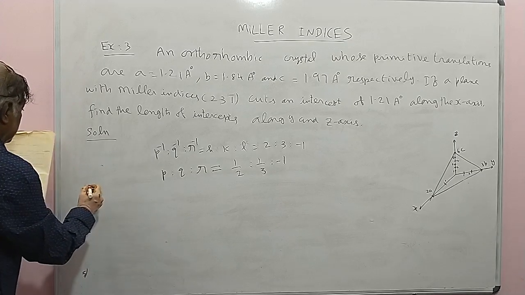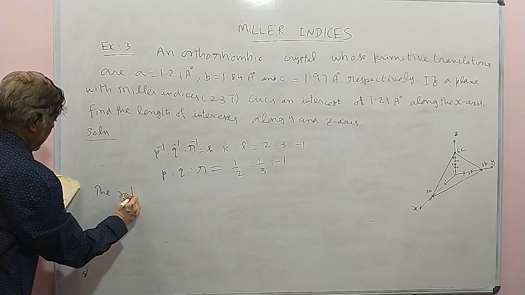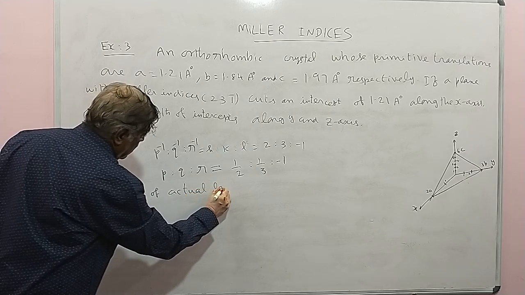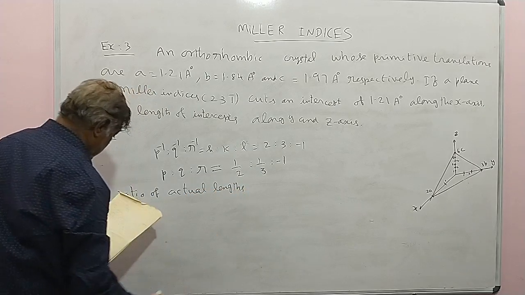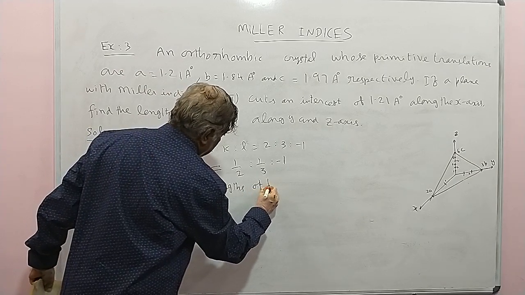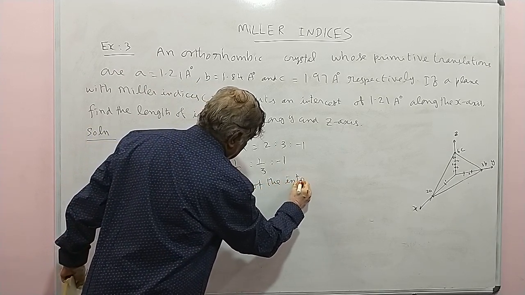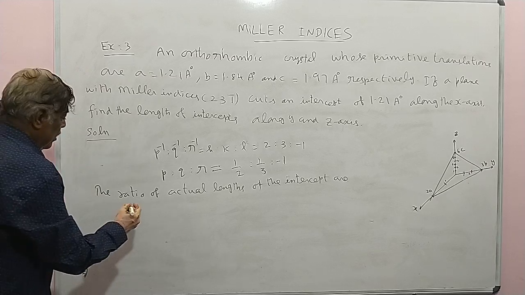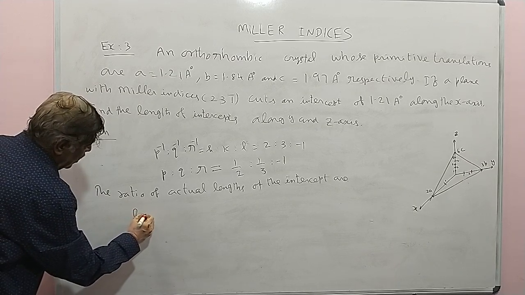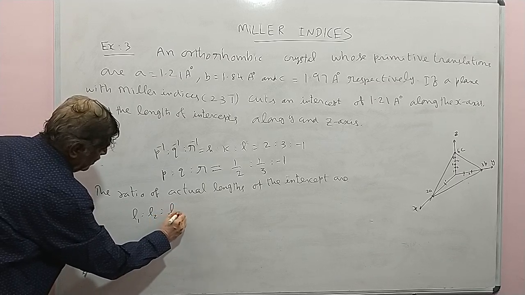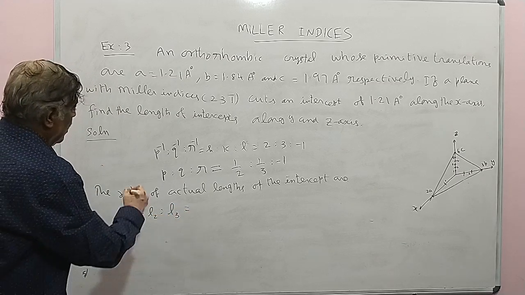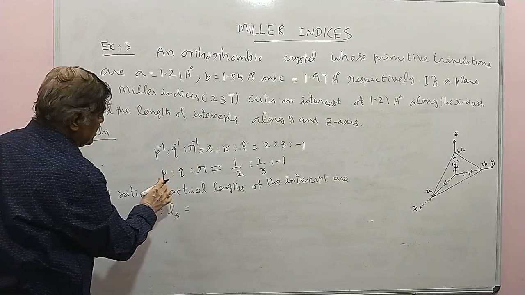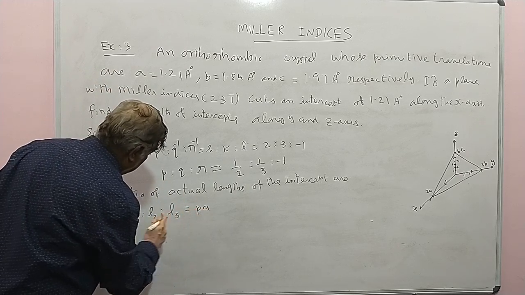The ratio of actual lengths of the intercepts, L1 is to L2 is to L3, is equal to this: if A is the unit translation along the x-axis, PA is the actual length L1.